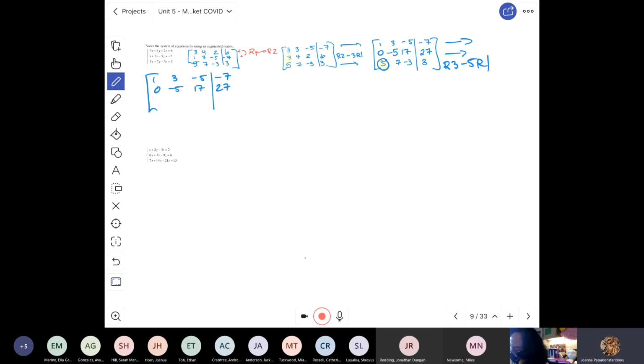And let's perform the row operation. 5 minus 5 is 0. 7 minus 15. -3 plus 25. And then 3 plus 35.